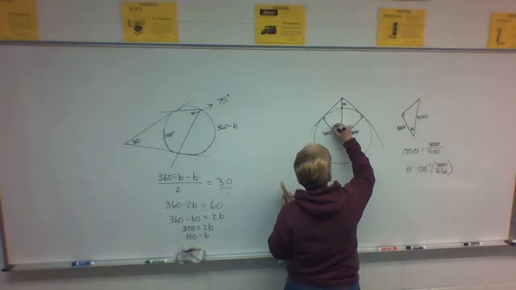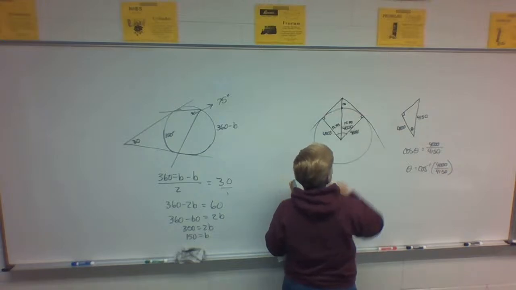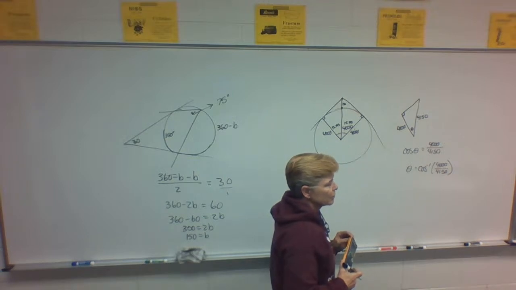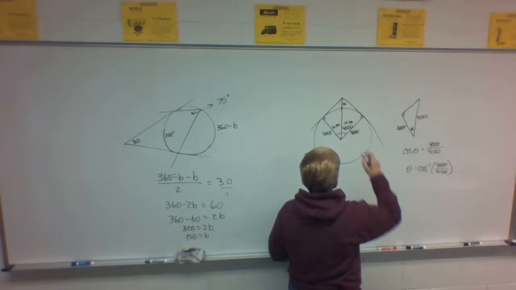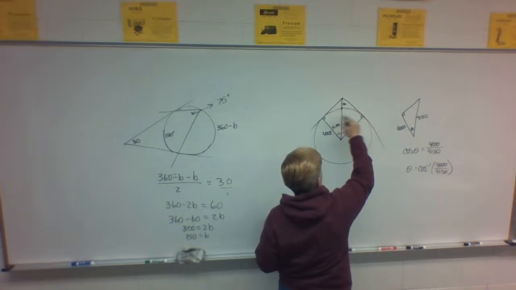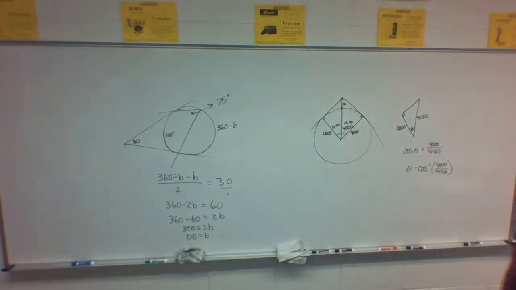So if this is 15.45 and this is 15.45, which it is, then this arc's degree measure is 30.9 degrees. So if you're at the North Pole and you come down 15.45 degrees this way or 15.45 degrees this way on that circle, you'll still be able to see it. Otherwise you won't.